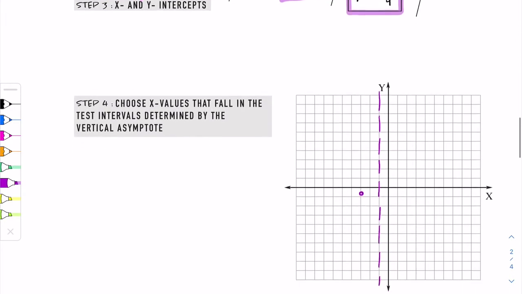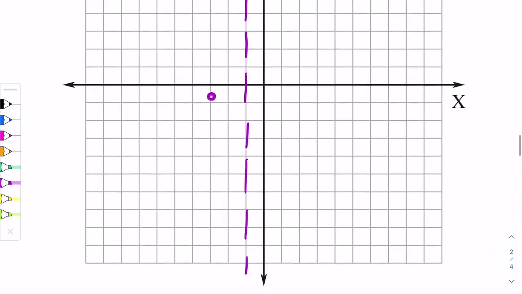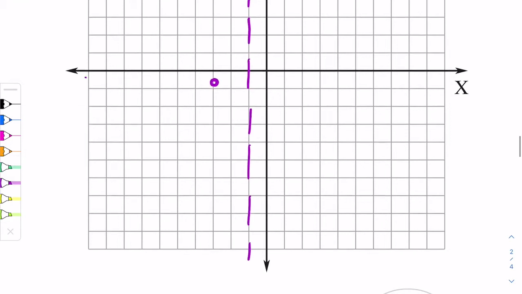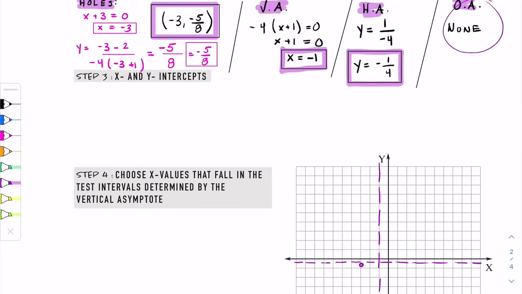So I'm going to sketch a horizontal line at -1/4. And next, I'm not going to graph anything for the oblique asymptote. Obviously, we do not have anything.